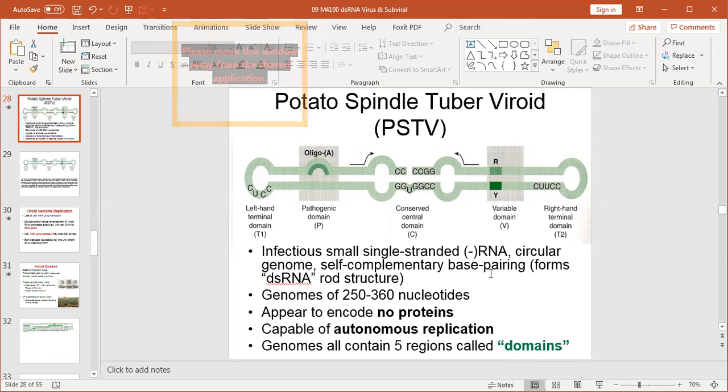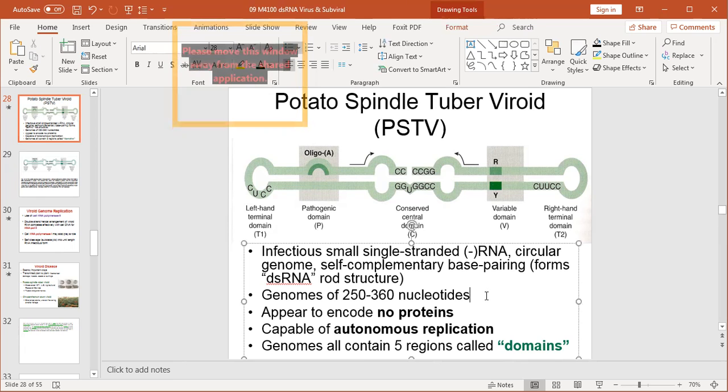But in reality, it's single-stranded and has base paired with itself through self-complementation. The genomes are 250 to 316 nucleotides. This RNA genome appears to encode no proteins and is capable of autonomous replication. So it can make more of itself.